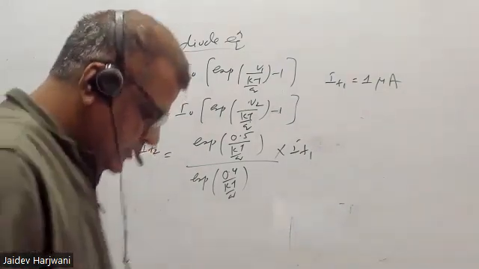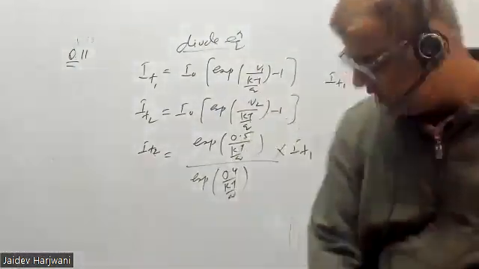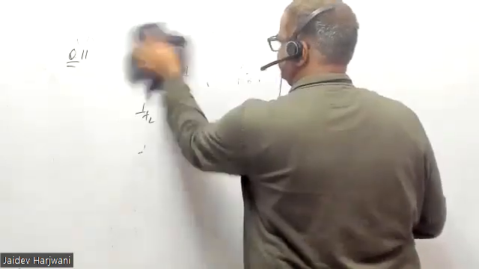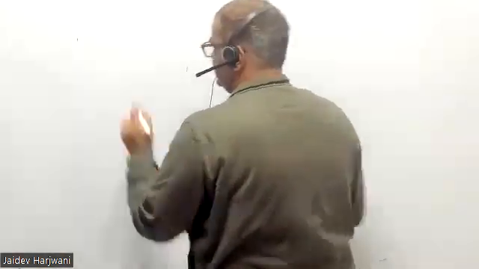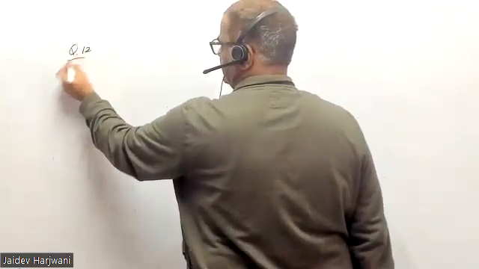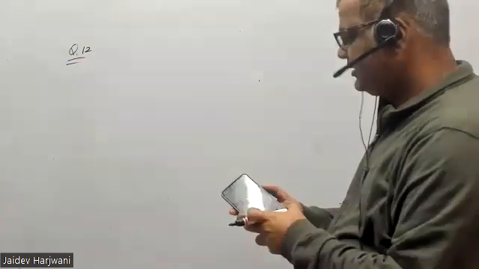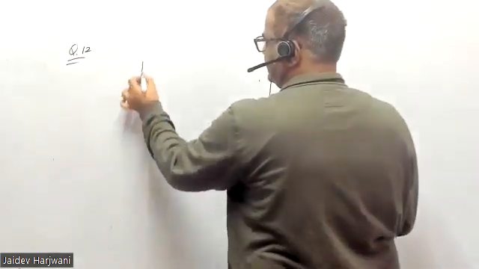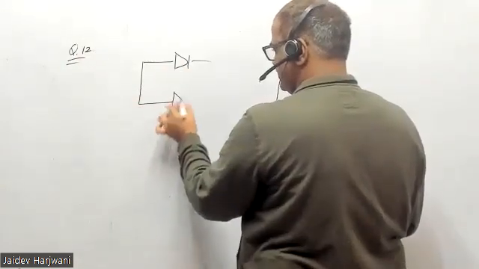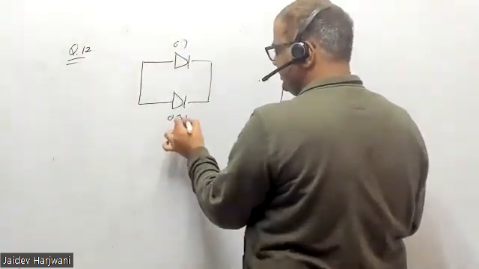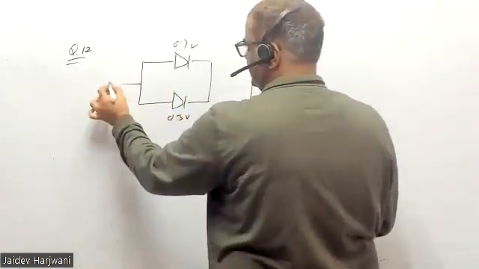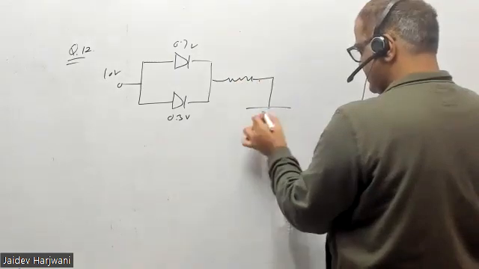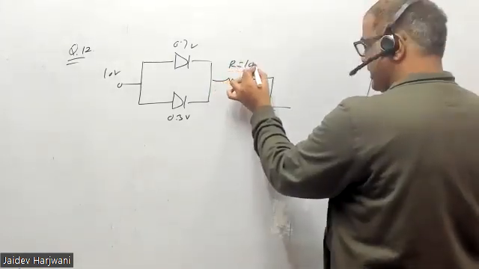Okay, now this question 12 is the same as what we just did, a diode question. Question number 12, what is it? Okay, you have been given two diodes, one with 0.7 and the other with 0.3 volt cutoff voltage, connected to a 10-volt battery, and then you have a resistance here, and R is your 100 kilo ohm.